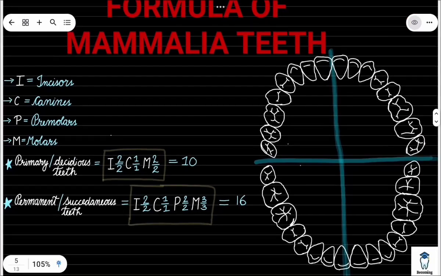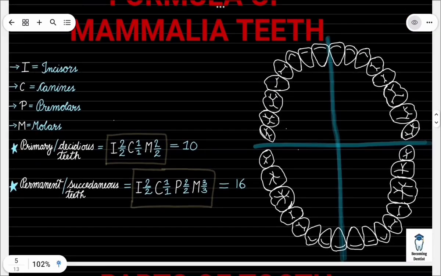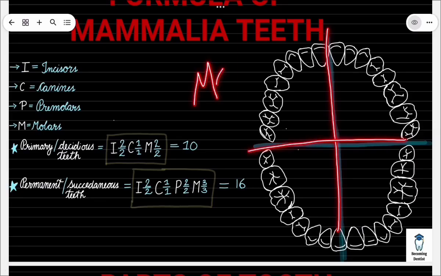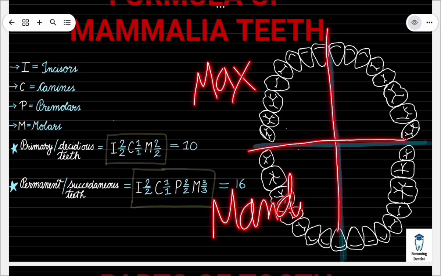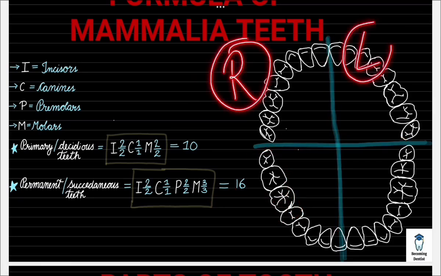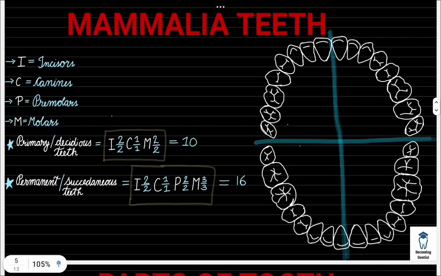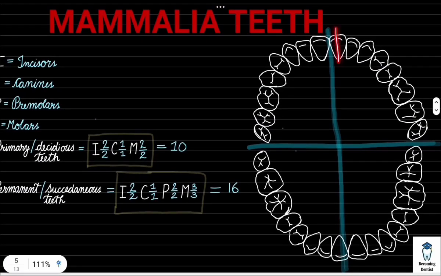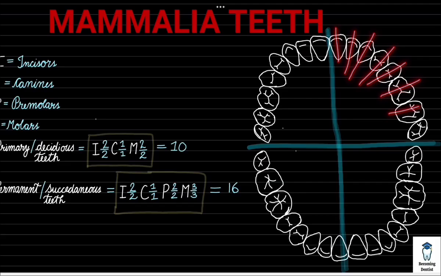Now, let us take a look at the arches of teeth. Here, this is the maxillary arch. This is the mandibular arch. Now this is the right side and this is the left side. So as you can see over here, we have the incisors, the canines, the premolars and the 3 molars.